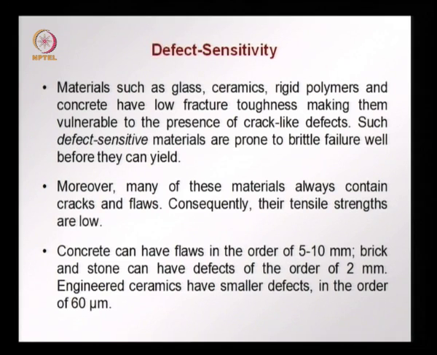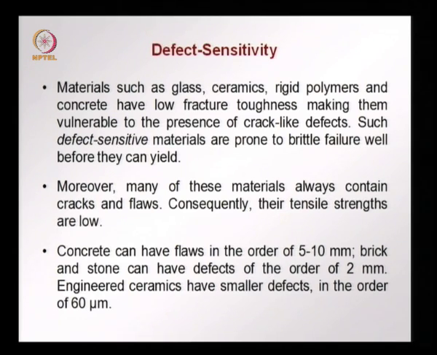These materials are therefore called defect sensitive materials, and they are prone to brittle failure before they can have yielding type of failure. So they crack and fail rather than yield and fail. Also, most of these materials have cracks and flaws in them, they are not without defects. This combined with the defect sensitivity decreases their tensile strength significantly.